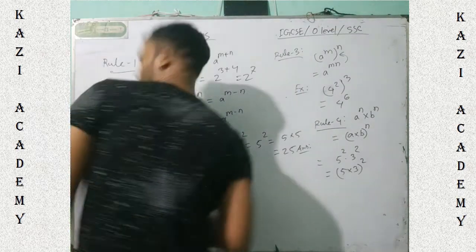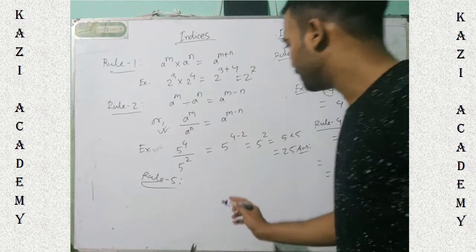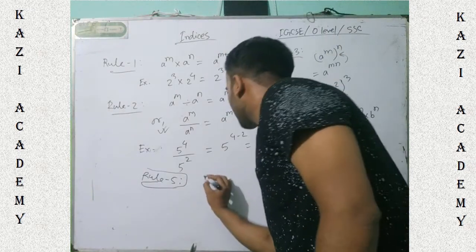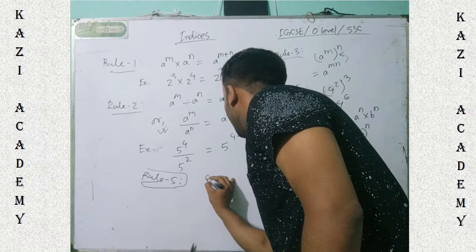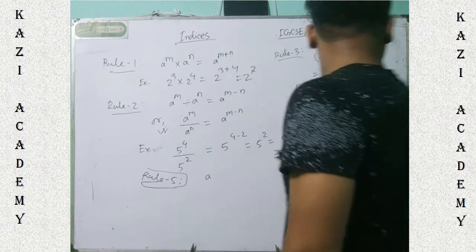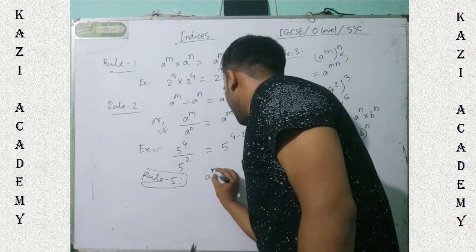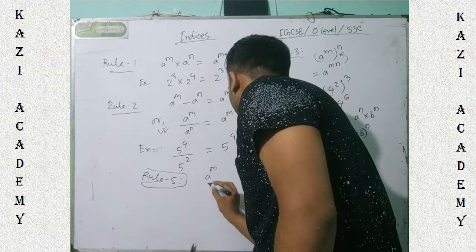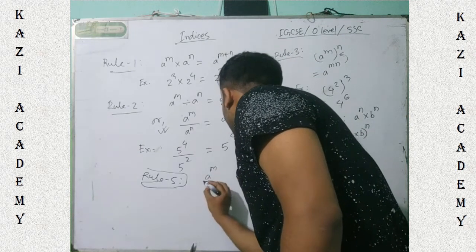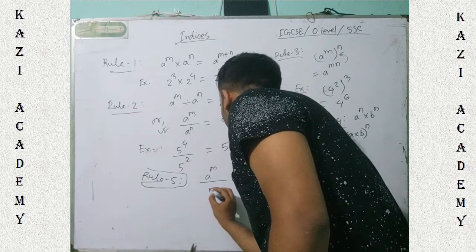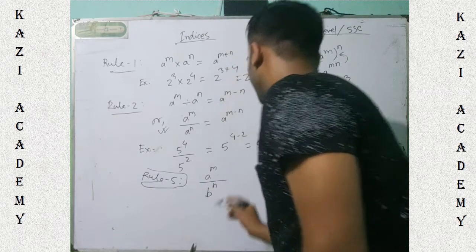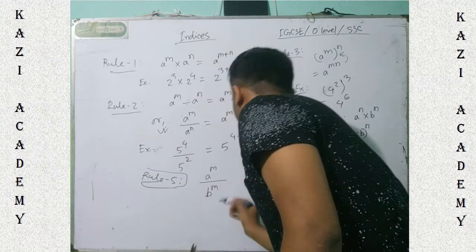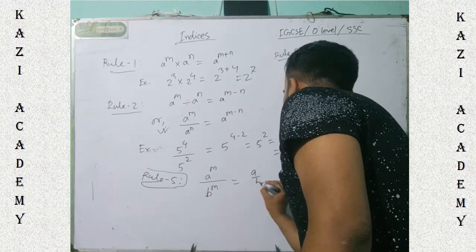Rule number 5 is also similar. Rule 5: a to the power n and b to the power n, with a common power.